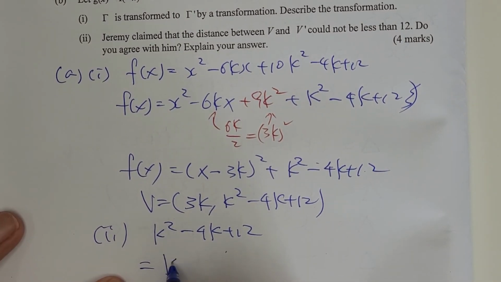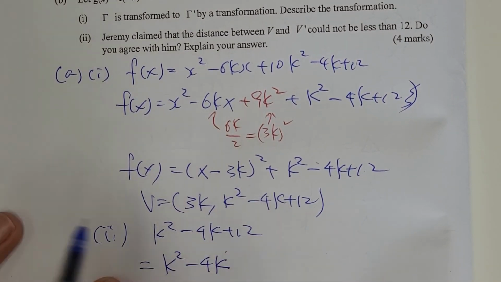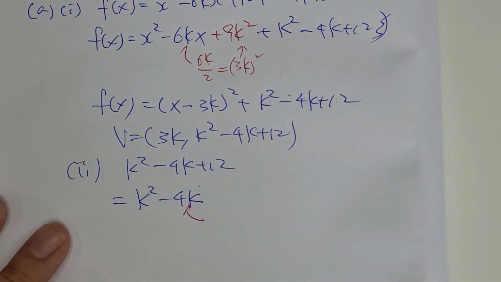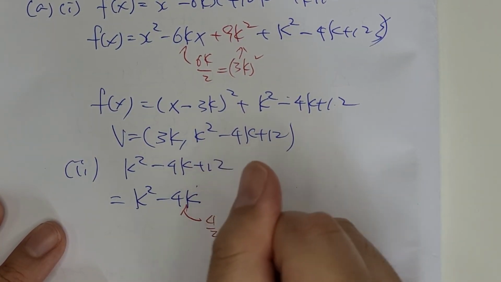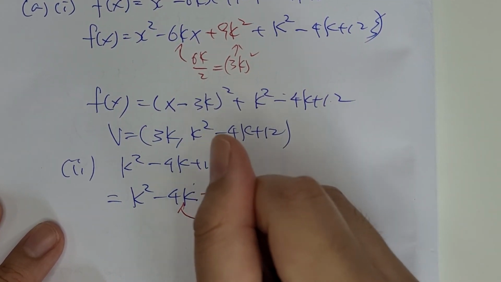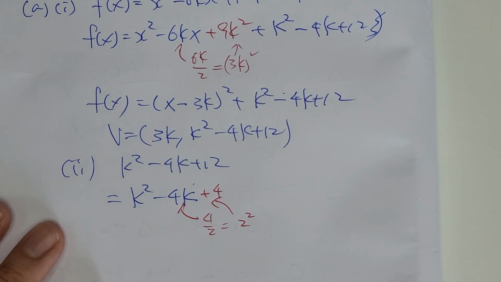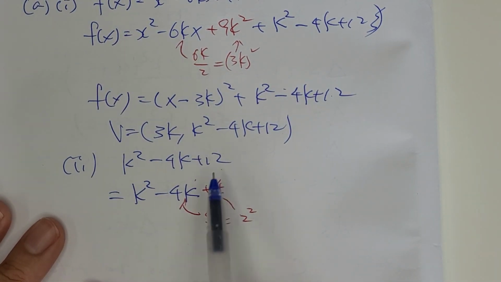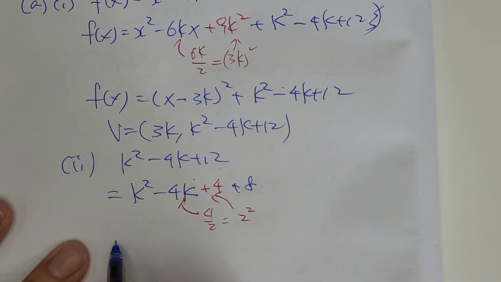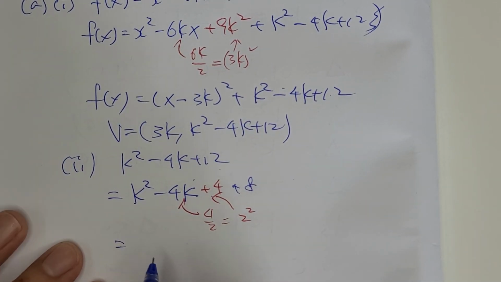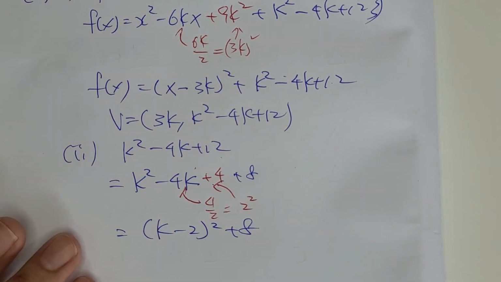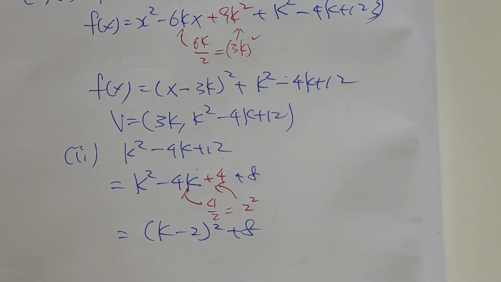Again, k squared minus 4k. The number you should add here is the coefficient of k, divided by 2, and then take the square. So that means you need to add 4. And again, positive 12 can be split into plus 4 plus 8. So the first 3 terms will form the perfect square, (k minus 2) all squared, and then plus 8. And here you will see it very clearly.